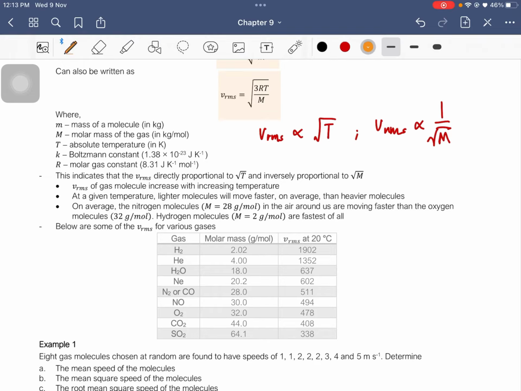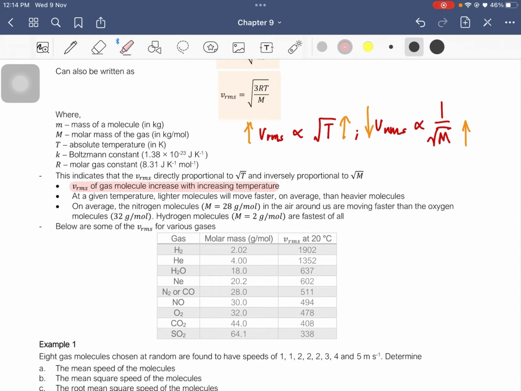So when the molar mass of the gas is high or big, RMS speed will be lower. Okay, and this one is the same because it is directly proportional. So the RMS speed of a gas molecule will increase with increasing temperature. Yes, because it is directly proportional. So if the temperature increases, RMS speed will increase.